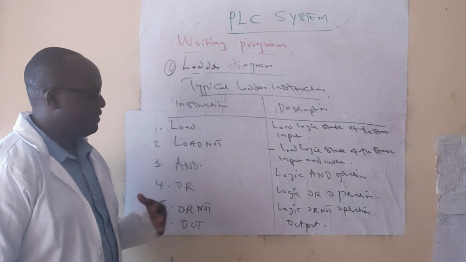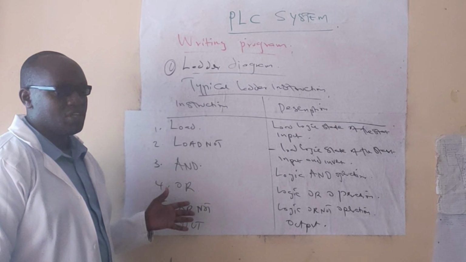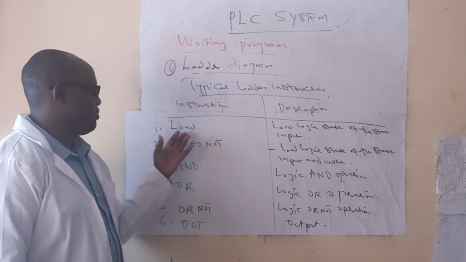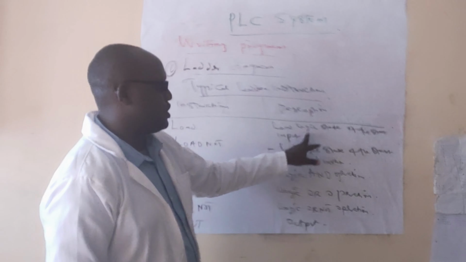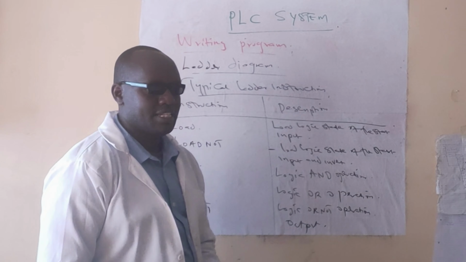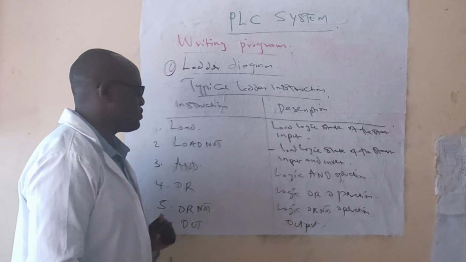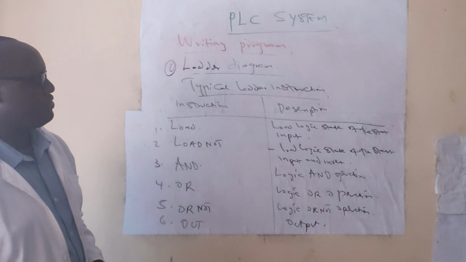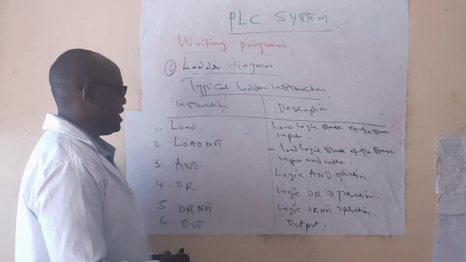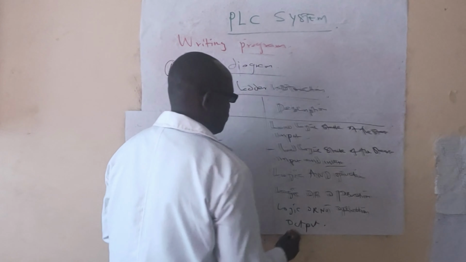But first we are supposed to know what they all mean. When we say load, it means you load the logic state of the start input. Load not means you load the logic state of the start input and then invert.